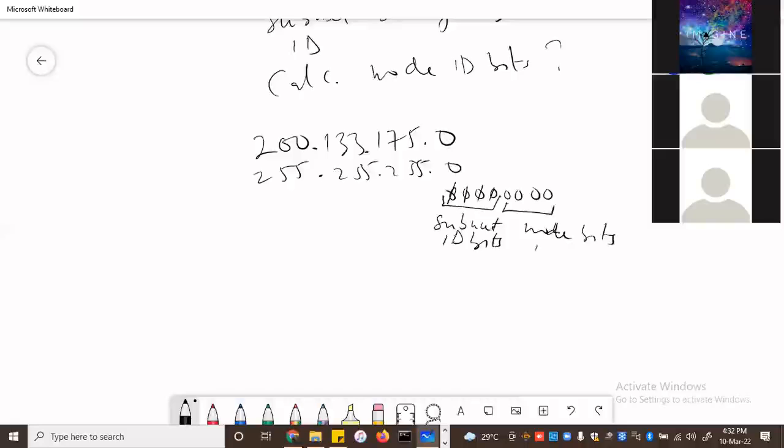Our node bits, or node ID bits, whichever one you want to go with. Okay? So it means that the actual subnet mask should be 240, because if we have all these to be 1s, it means this is 128 plus 64 plus 32 plus 16, which gives us 240.